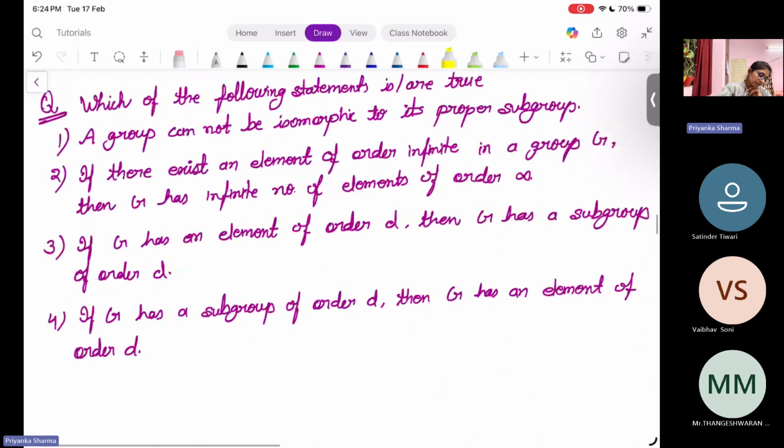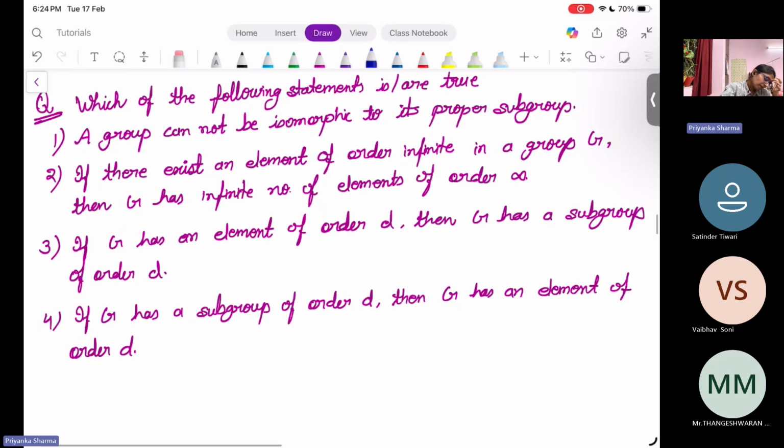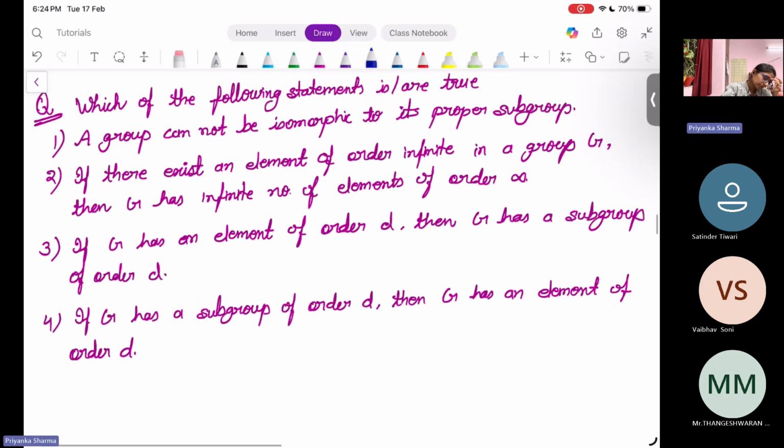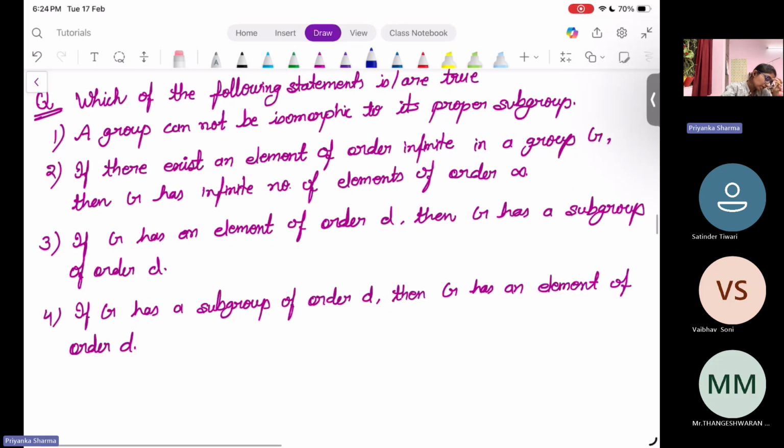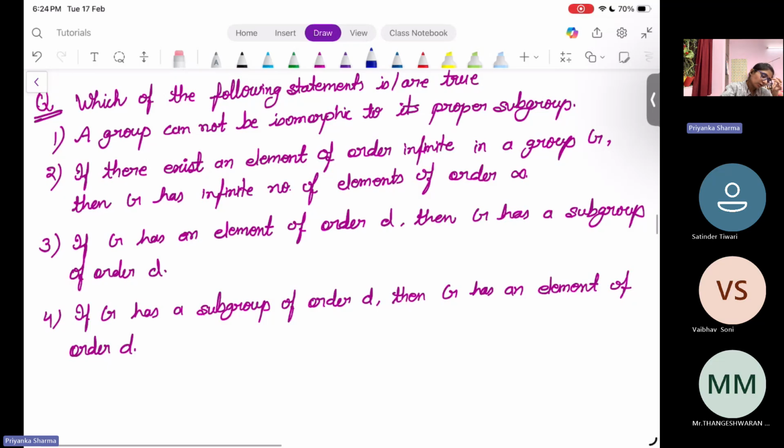Now we discuss some questions. Come to the first question. We have 4 statements and we need to check which are true. There can be more than one correct statement. The first is: a group cannot be isomorphic to its proper subgroup.